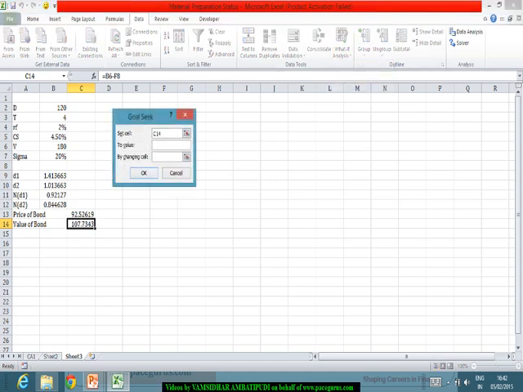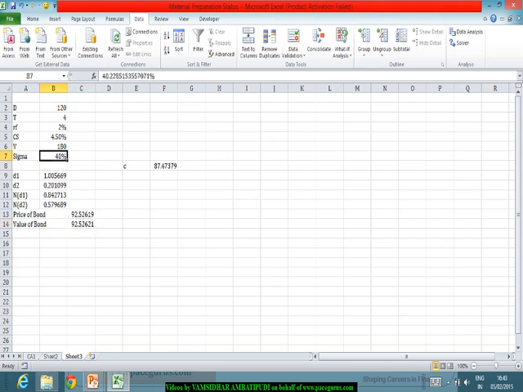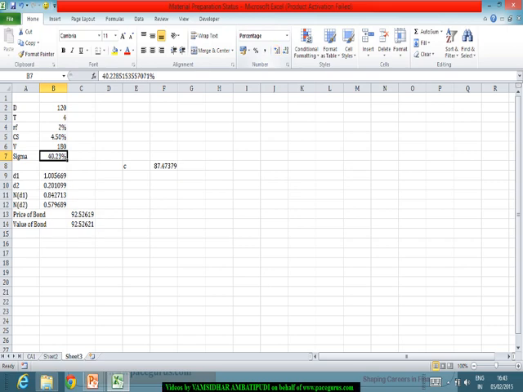I want this value of the bond to be exactly 92.5262 by changing the volatility level, which has worked out that the volatility has to be somewhere in the range of 40.23%, so that the value of the call option is going to be 87.47, which is nothing but the worth of the equity, and the value of the bond in that case is going to be 92.52.